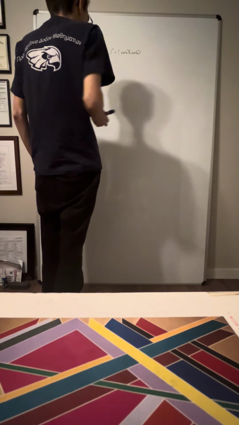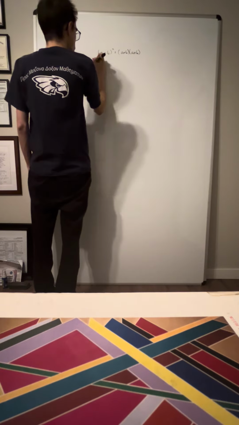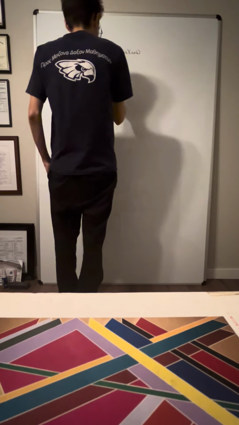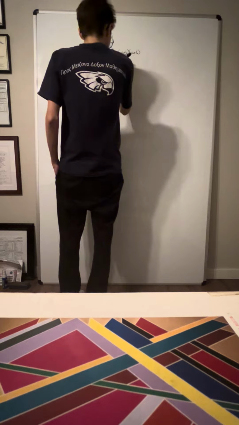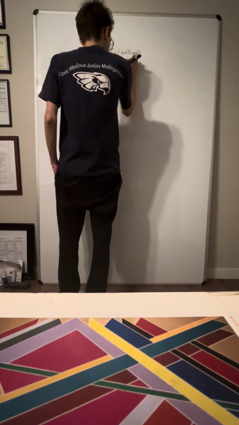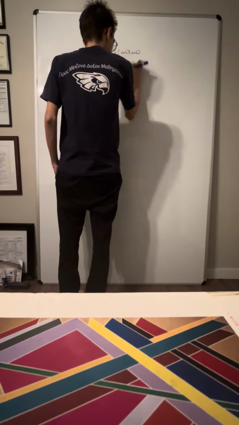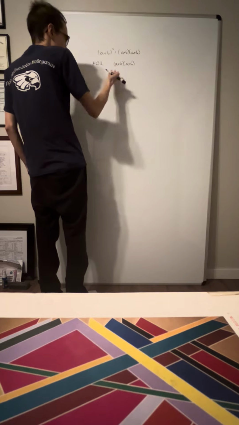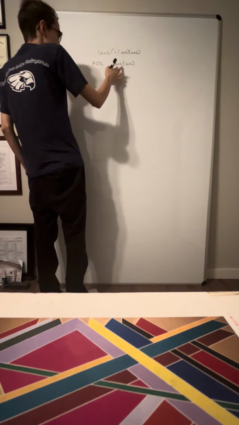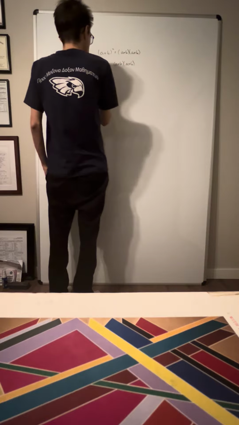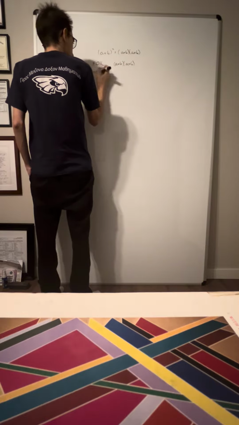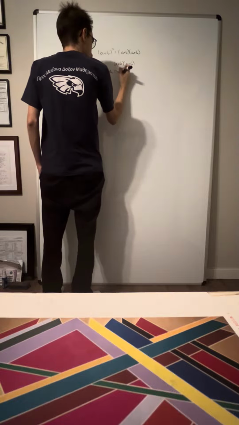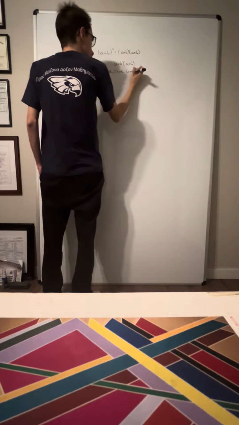So how are we going to do this? Well, the way I was taught is we're going to FOIL this. Anytime you have something like (a plus b) times (a plus b), which doesn't necessarily have to be the same, but anytime you have something in this form, we multiply the first, outside, inside, last.